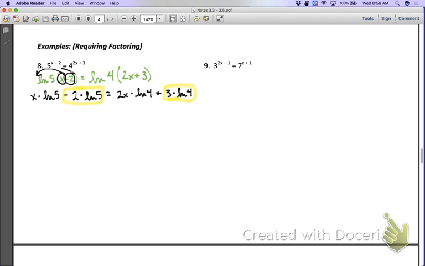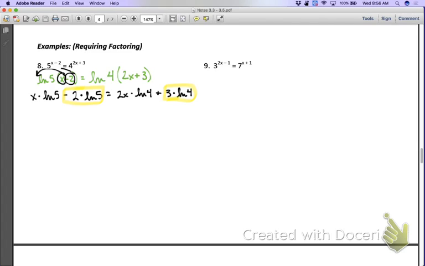They're really funky numbers because they're long, drawn-out decimals. I'm not really worried about the numerical side of it until the very end. So I have x times the natural log of 5 and I have 2x times the natural log of 4.